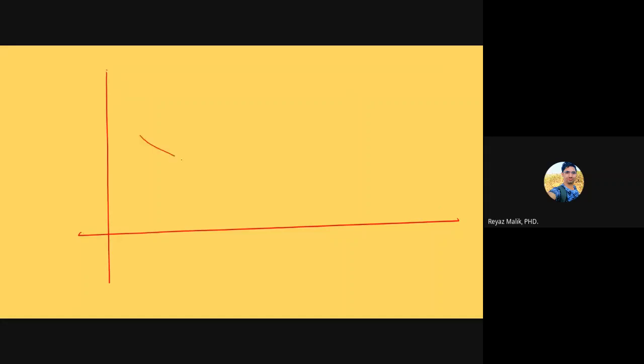Then one line, one point is this, then one end point is here.